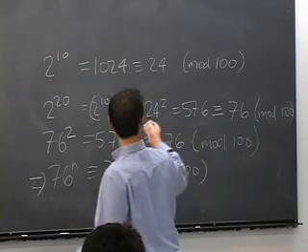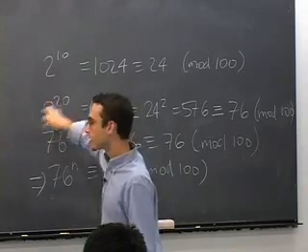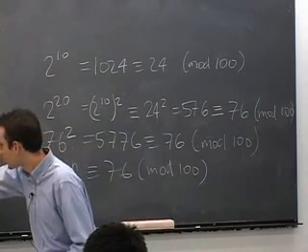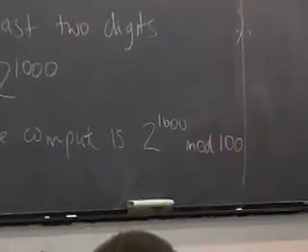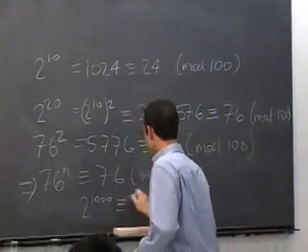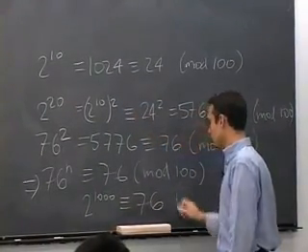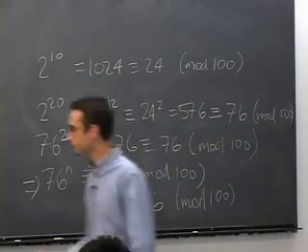And so 2 to the 1,000 is this 2 to the 20 raised to the power 50, which is 76 to the power 50. So 2 to the 1,000 is just congruent to 76 modulo 100. So the question is answered. Very, very simple.